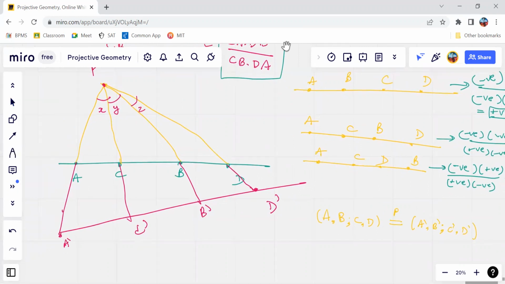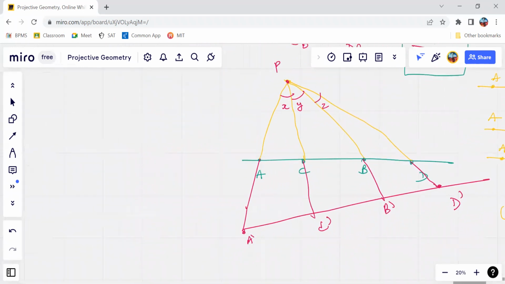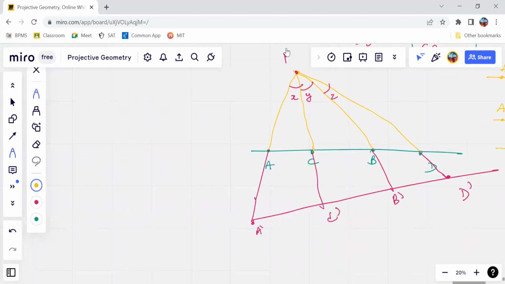And because this cross ratio only depends on these angles, this cross ratio is going to be equal. And taking perspectivities is going to be very useful. But let's just first prove the fact that this cross ratio only depends on the angles.